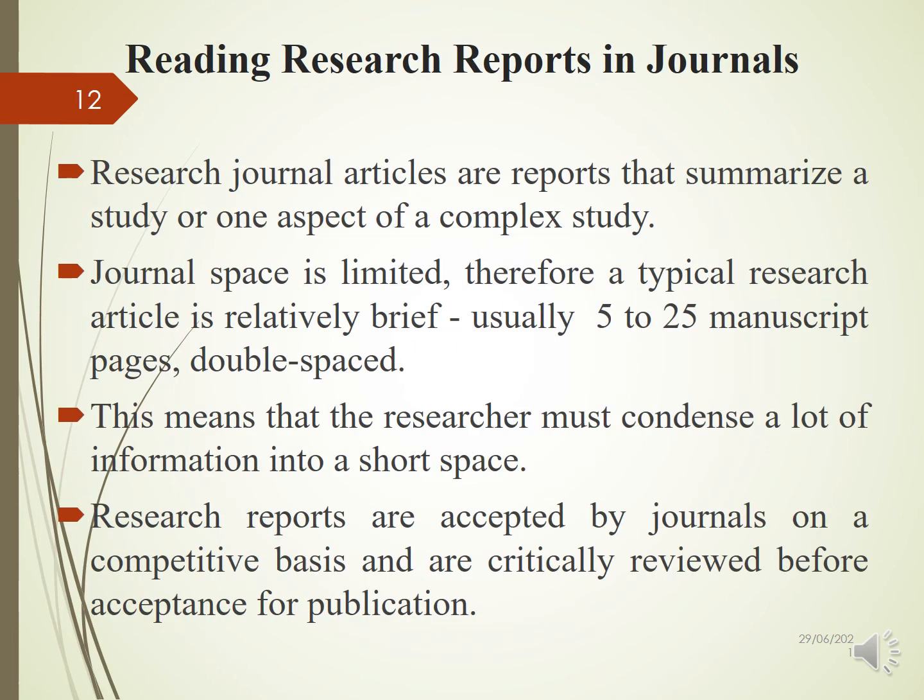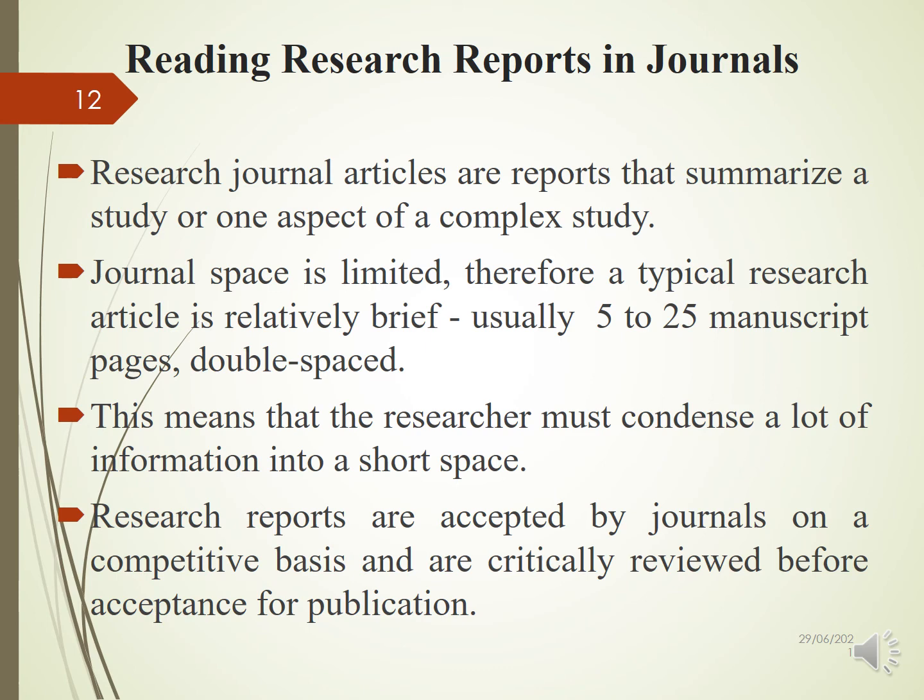Now, as we mentioned journal articles as primary sources of information for a literature review, I would like us to go through journal articles. So what are journal articles? We are saying research journal articles are reports that summarize a study or one aspect of a complex study.